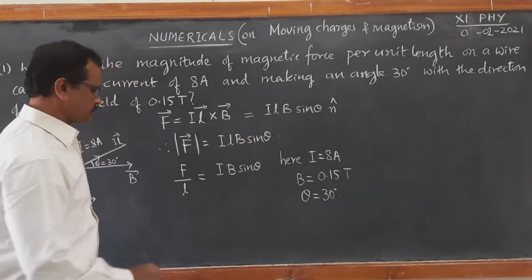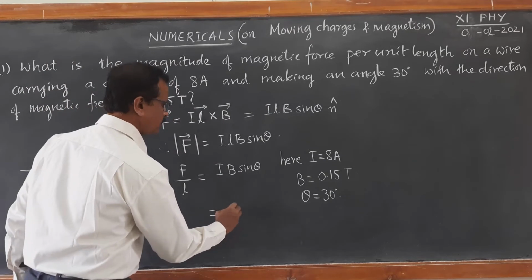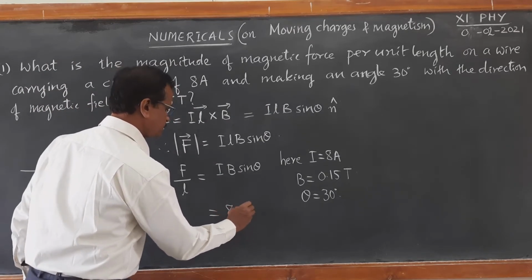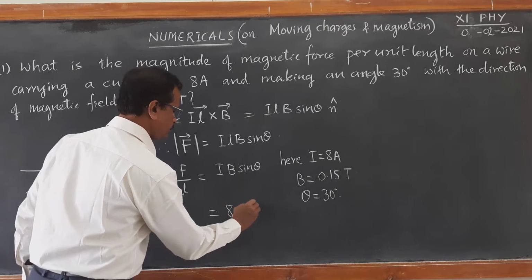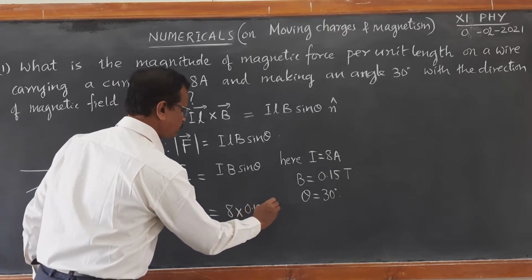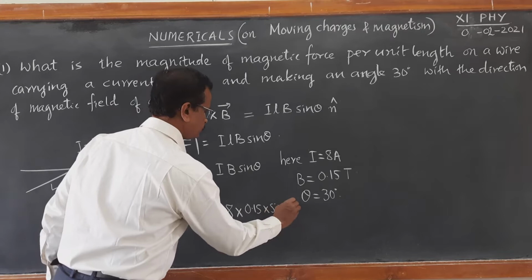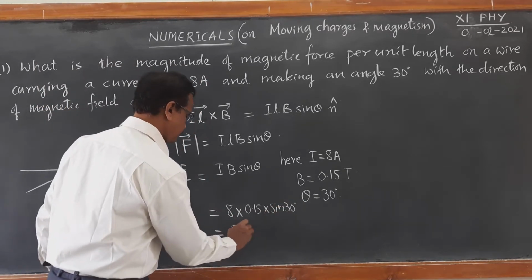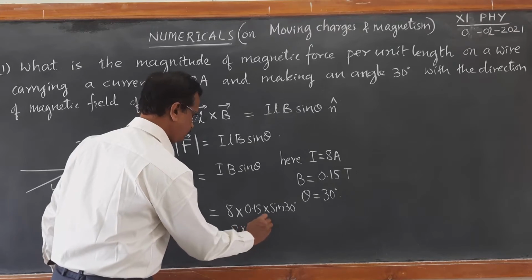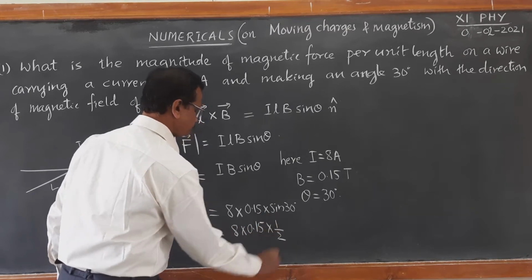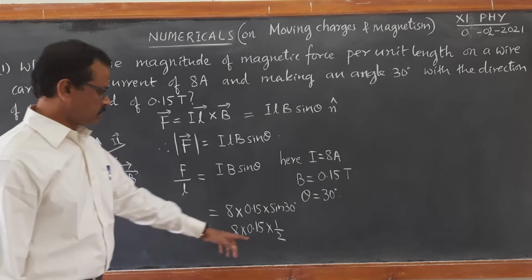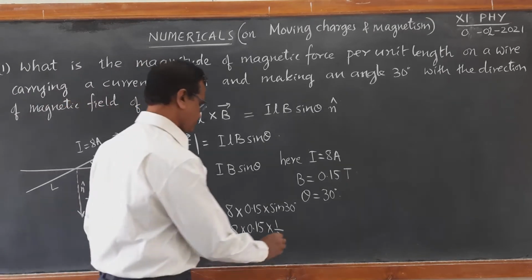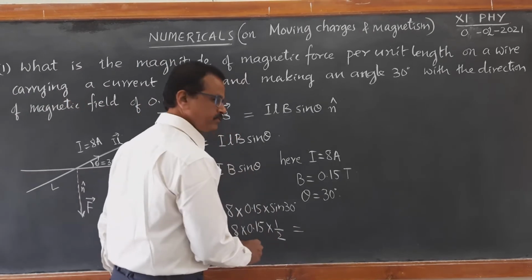So directly substitute, we get current 8 into B 0.15 into sin 30. Sin 30 is 1 by 2. So it becomes 8 into 0.15 into 1 by 2. Right? 2 ones are 2, 2 fours are 8. So it becomes 0.15 into 4.